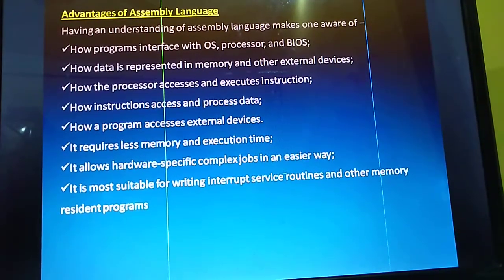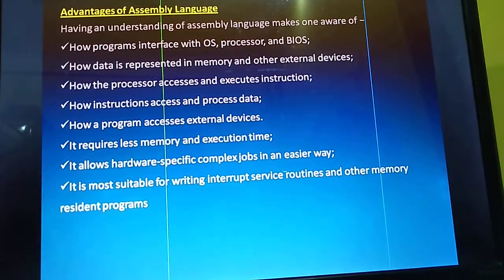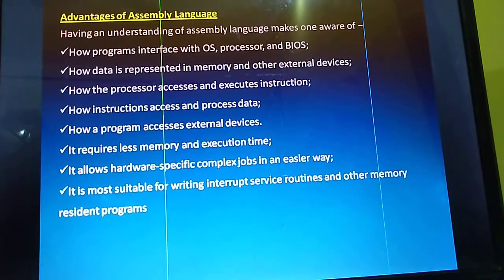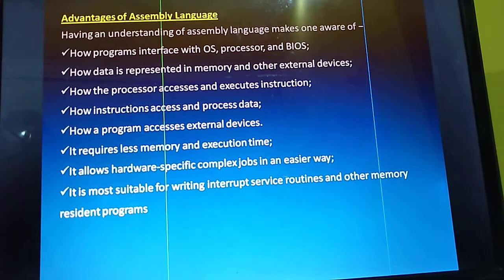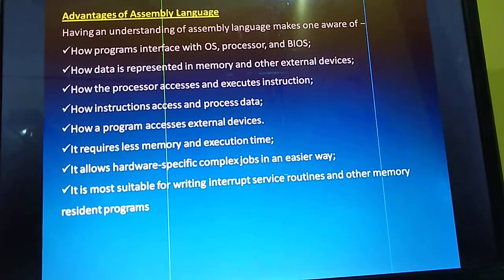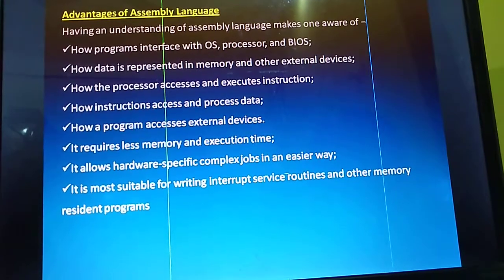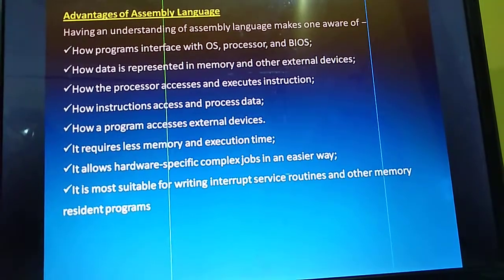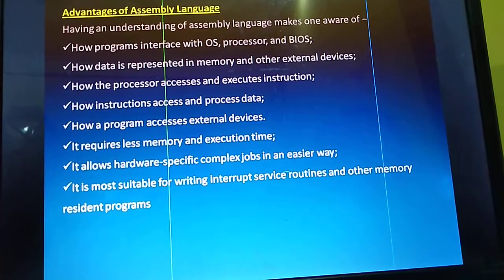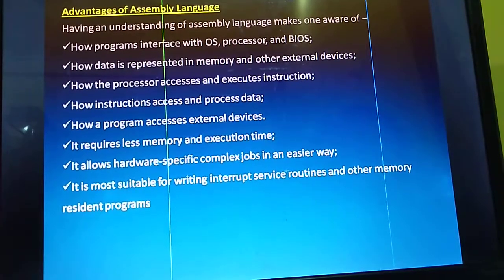Here, how the data is represented in memory and in external devices also becomes very clear. How the processor accesses and executes instructions, how instructions access and process data, and how a program accesses external devices. It requires less memory and execution time. It allows hardware specific complex jobs in an easier way.